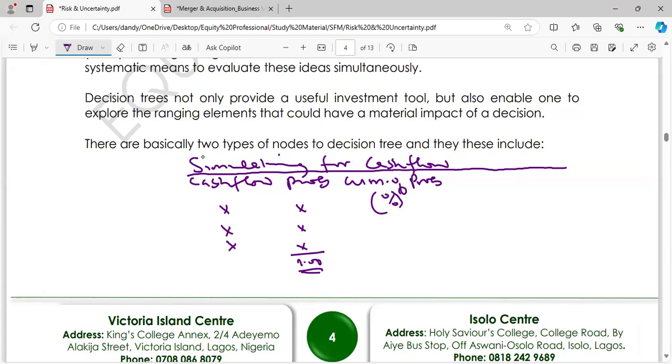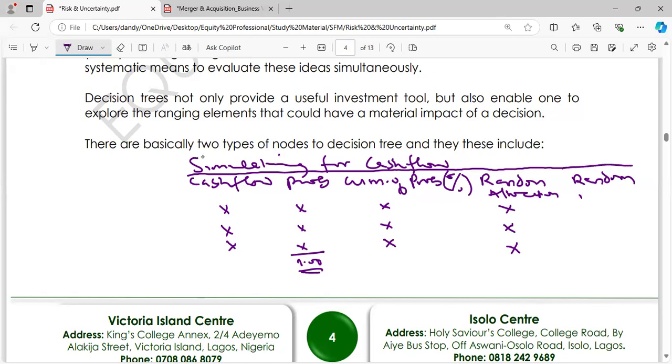Then the next item will be the random allocation. The random allocation, you are the one that will determine it. Then finally, you are going to have the random number. It could be called random number or tag number. Either it is called random or tag number, it's the same thing.